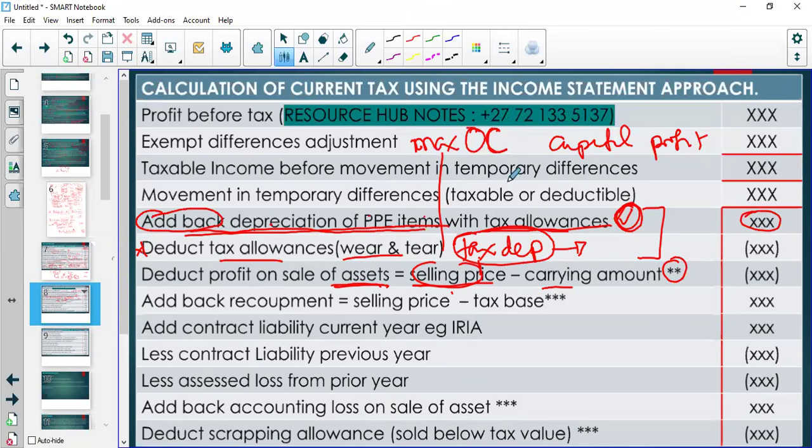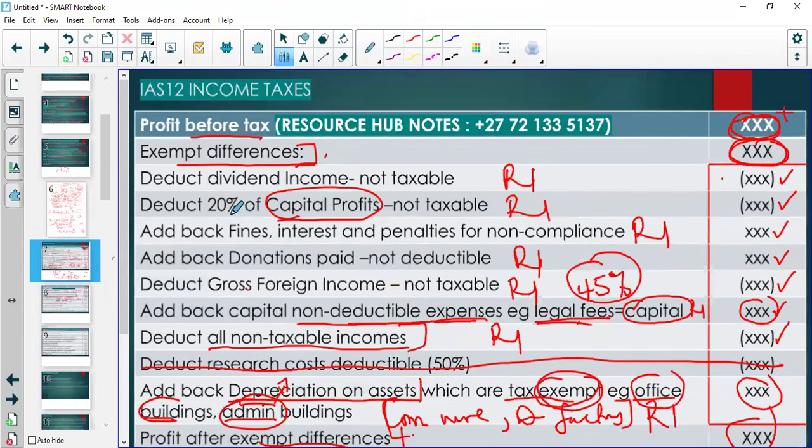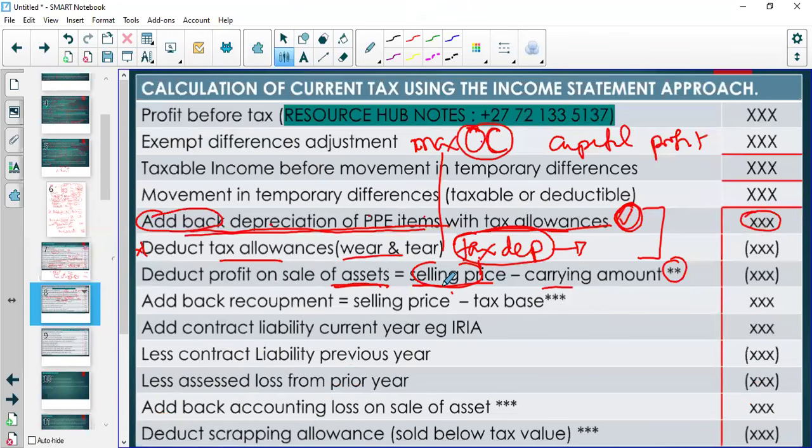So the selling price that you include here in temporary differences should not exceed the original cost, because if it exceeds the original cost, it comes under capital profits. Remember, capital profits means the profit above the original cost. So everything here is to be below the original cost.